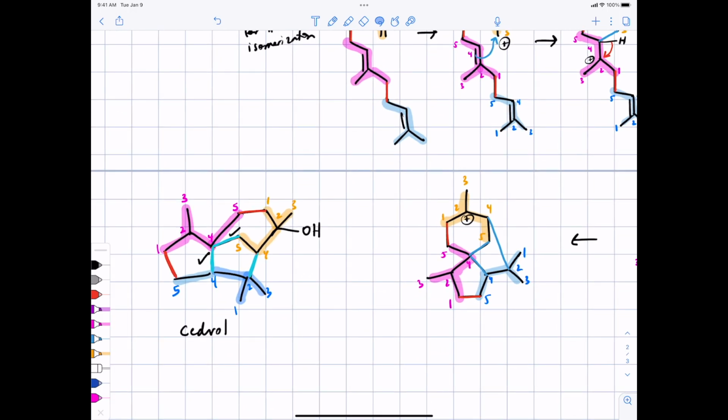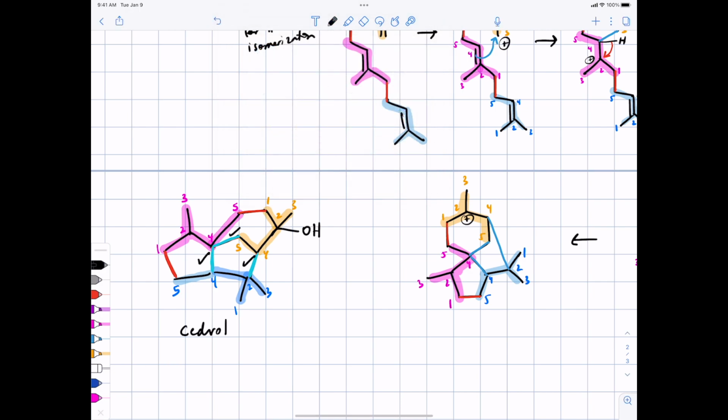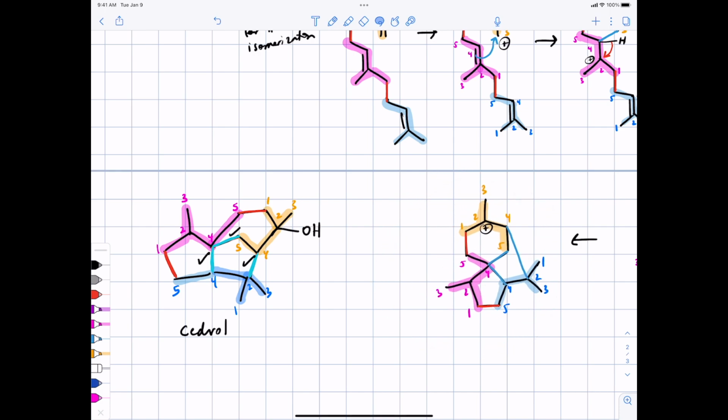We've now made each of those bonds. And with a little bit of work and staring at things for a while, you can see how we've got all the right connectivity here. What am I missing? Can you think of a way I could get that OH group there? Yeah, boring 351 reaction.